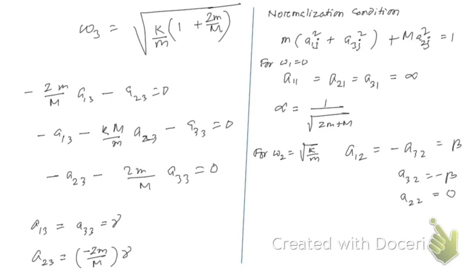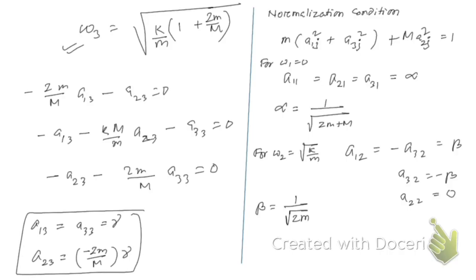So if we use these results in this normalization condition, then we're gonna have beta is equal to 1 by root over 2m. Okay, you can check it by yourself. And similarly for mode 3, we have got these results.